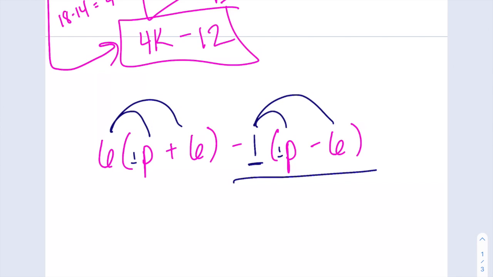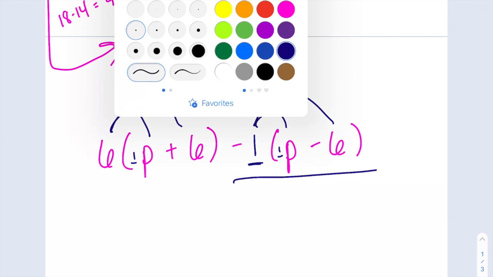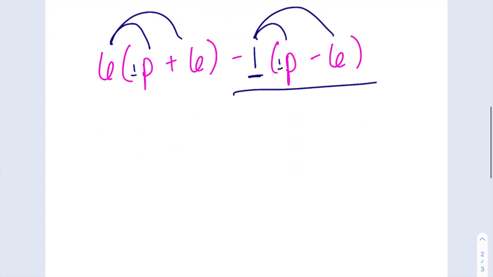Remember, distributing, we're multiplying. So if I look at my first set of parentheses, I have 6 times p, and I'm also going to be doing 6 times 6. I like to use the rainbows there to remind myself to multiply to every term that's inside of those parentheses.